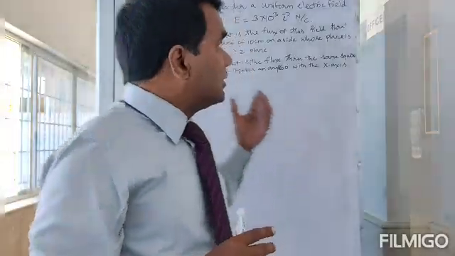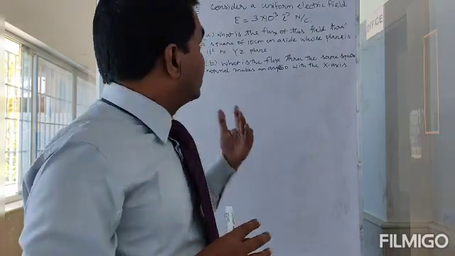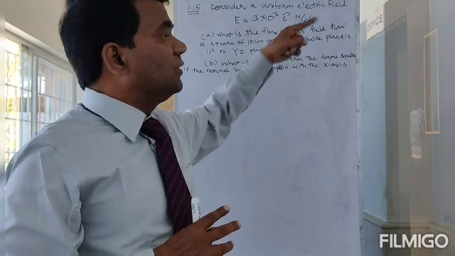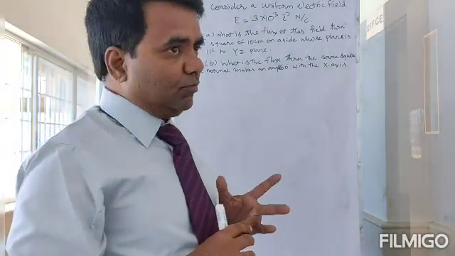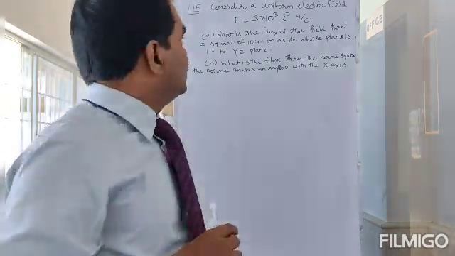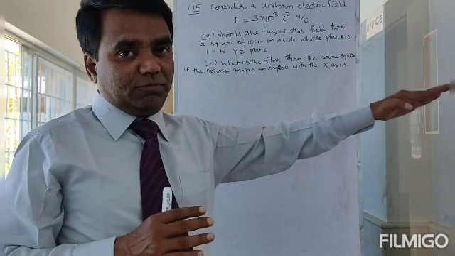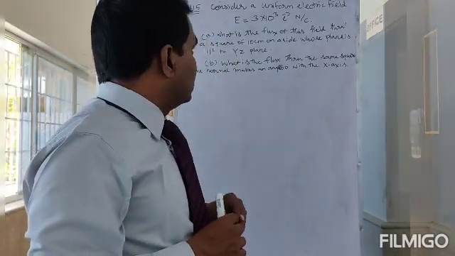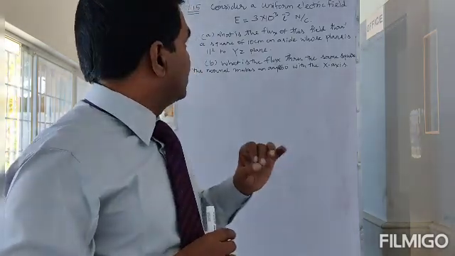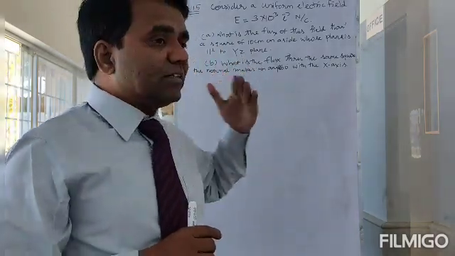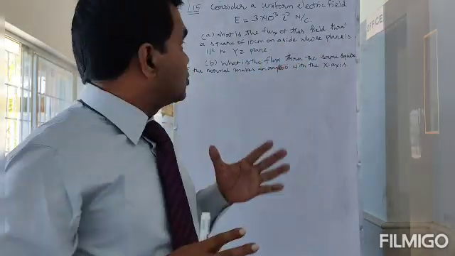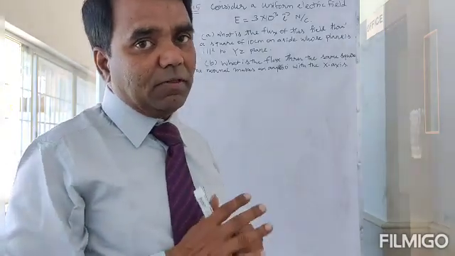1.5. Consider a uniform electric field E, which is equal to 3 into 10 to the power 3 i Newton per coulomb. Okay, this electric field is along the x-axis and it is also uniform. Now the questions are: A. What is the flux of this field through a square of 10 cm side, whose plane is parallel to the YZ plane?